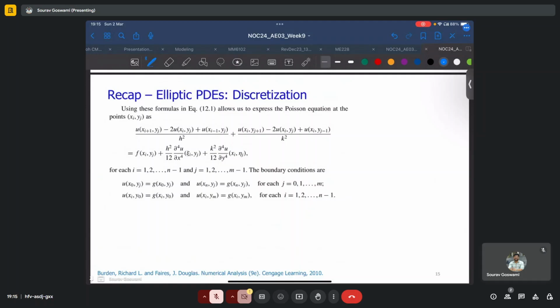And boundary conditions are also expressed as we can see at x0, y0, xn, and ym.